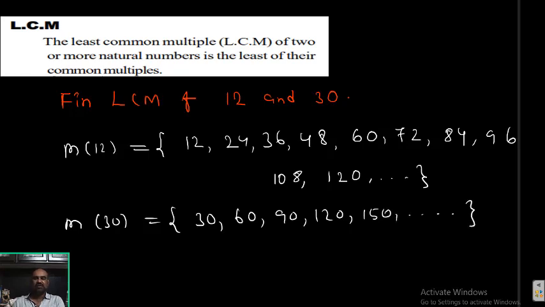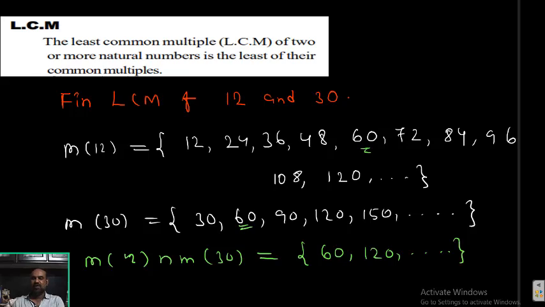After that, what should you find? An intersection: multiples of 12 intersection multiples of 30. So what is the least? 60 here. After that, I think 120, and so on. Among all, the smallest one is 60.